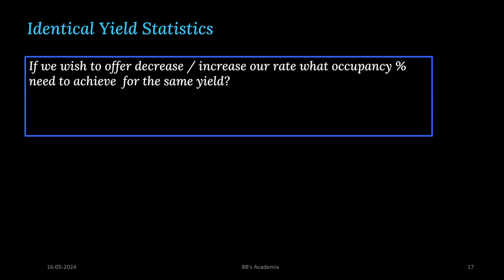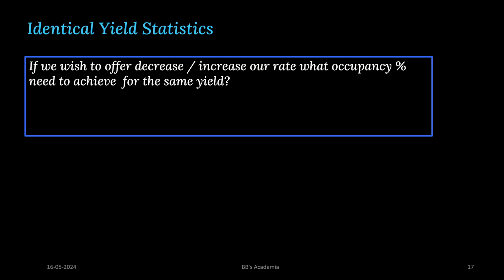Now we'll talk about identical yield statistics. The situation is, if we wish to decrease or increase our rate, what occupancy percentage do we need to achieve for the same yield? We want to have the same yield as the 57% we mentioned in our previous slide.